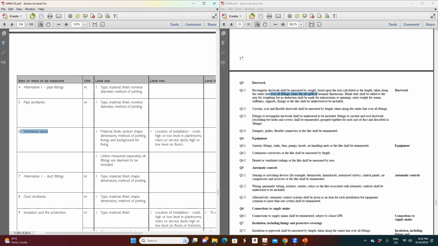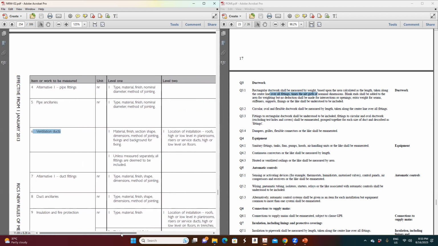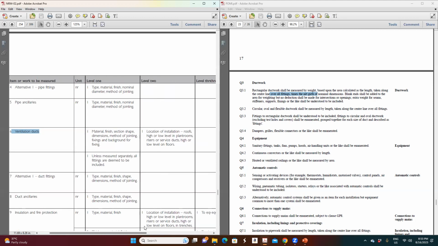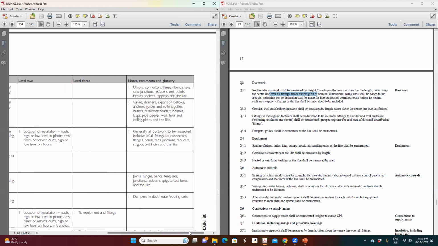That cannot normally be measured by weight. That is like phenolic material, some insulated material, which is the one they are using here. So that can be measured by area. Because of that confusion, I guess NRM doesn't specify what unit to be used for your measurement. So that is up to you, how it is specified in your pricing preambles.